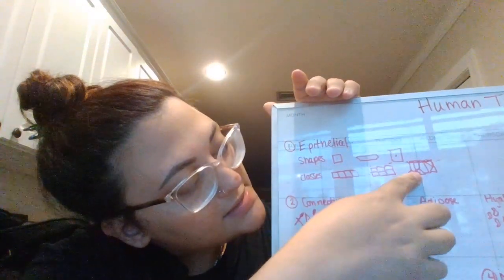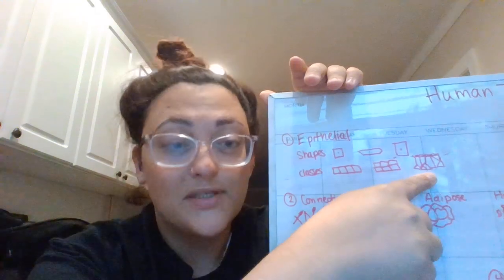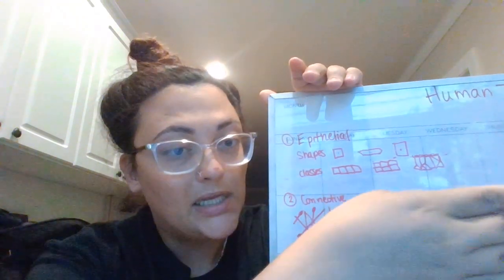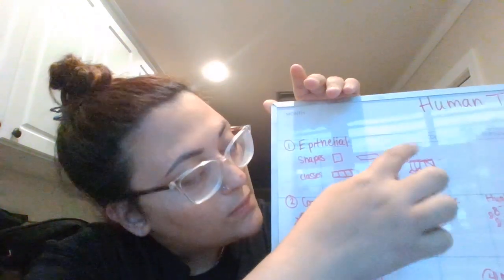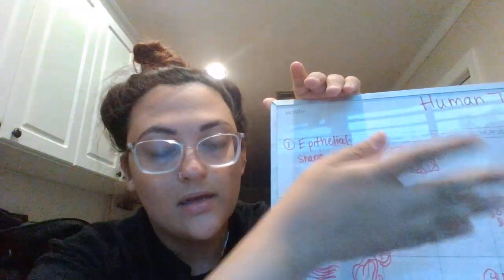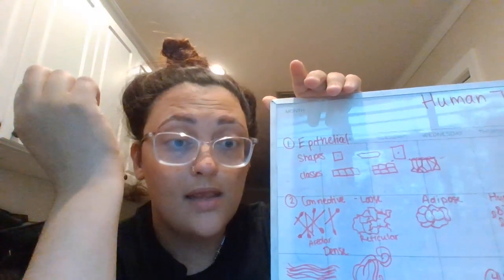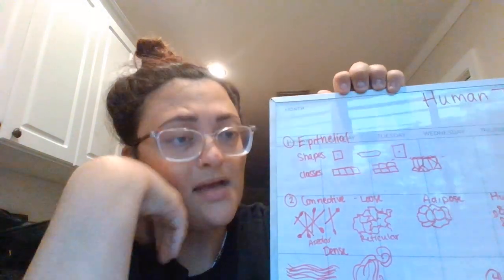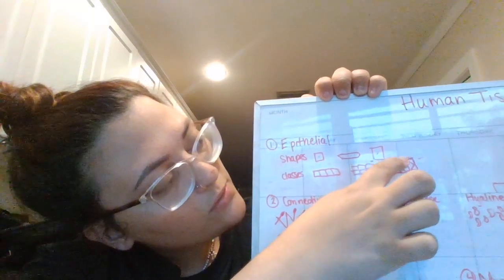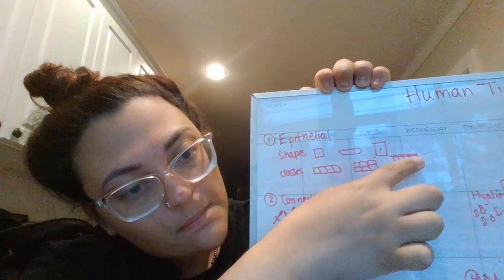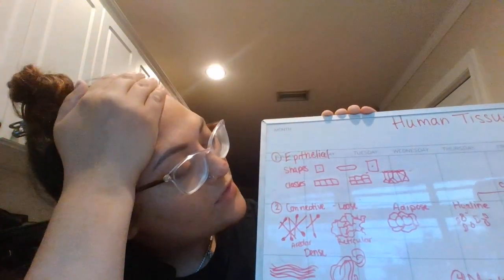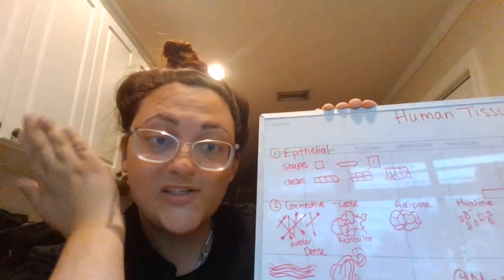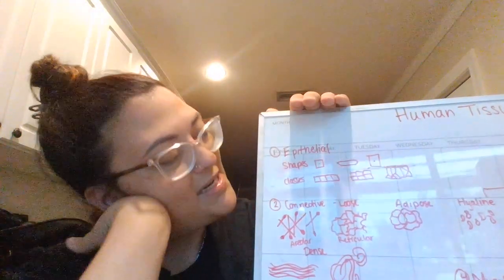And this is called pseudostratified, which makes it look like it has many layers, but it doesn't. What I use to differentiate pseudo from everything else, because I personally had a lot of issues with that, is that typically there are little hairs on top. That's called the cilia. So that's very fun.